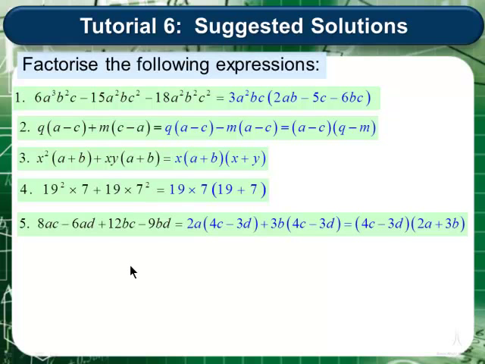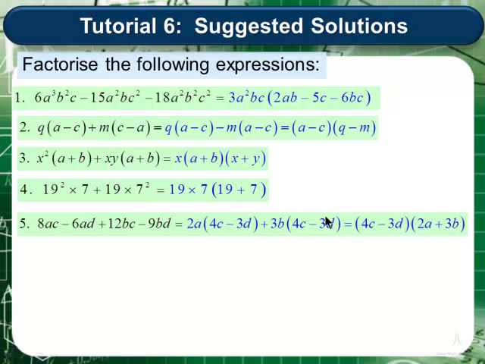So if we now have a look at the common factor for the first 2 terms, which will be 2A, take this away from terms 1 and 2, then we're left with 4C minus 3D. And similarly, if you look at the common factor of terms 3 and 4, which is 3B, we take that away from terms 3 and 4, we're left with 4C minus 3D as well.